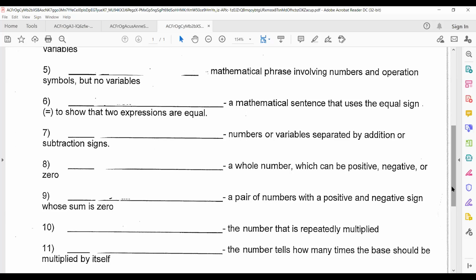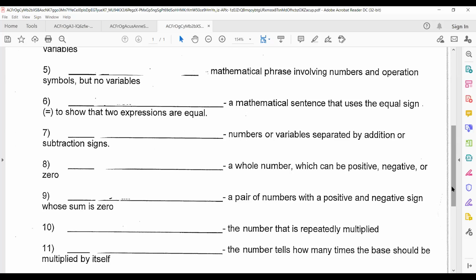If I told you that number 7 was the word terms, would it make sense? Yes. That's what it is. Terms: numbers or variables separated by addition or subtraction signs, pluses or minuses.